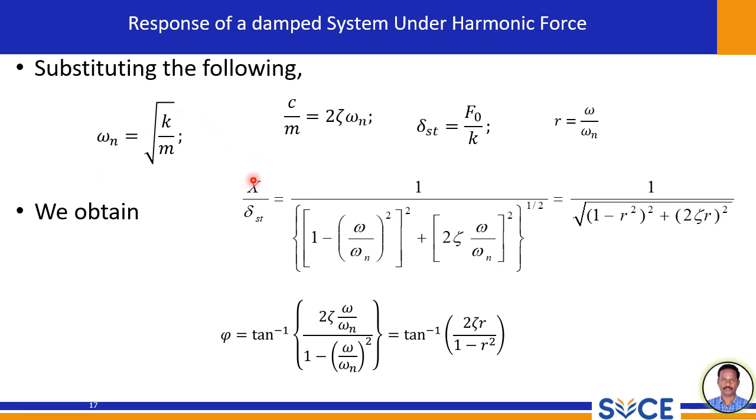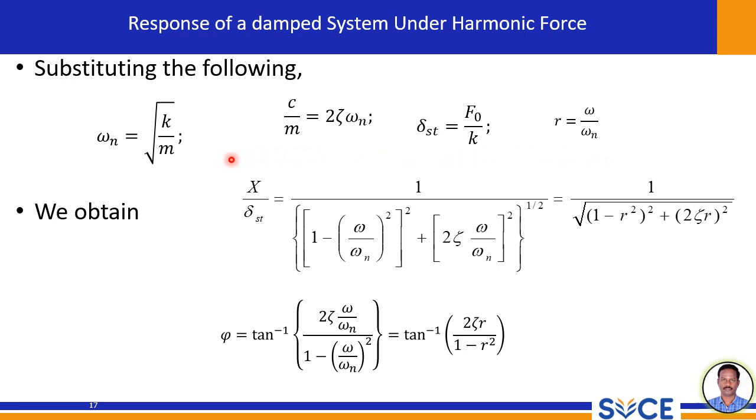C by m equal to 2 psi omega n, which introduces the damping ratio psi, representing the level of damping in the system. Del static is the static deflection, which we have discussed earlier, and R equal to omega by omega n. This is the frequency ratio, the ratio of the forcing frequency omega to the natural frequency omega n.